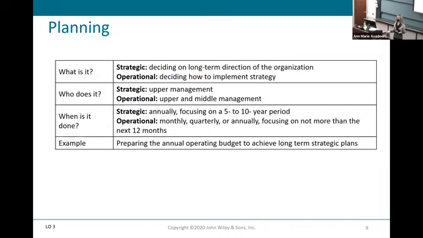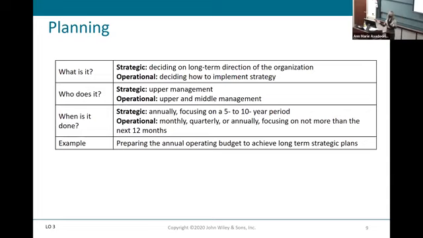That's done by top management, right? Top management understands all aspects of the company, all of the different divisions, right? The CFO of Kellogg's is looking at and overseeing all of the divisions of Kellogg's. And also in terms of consulting, there are consultants that only do that strategic planning. So if that's something you're interested in, you would go in and you would help companies set those long-term goals.